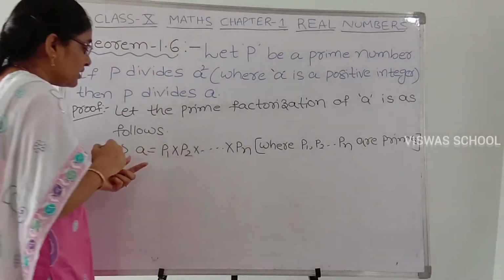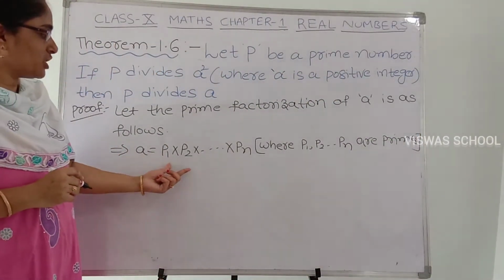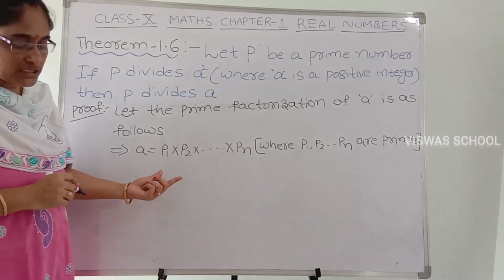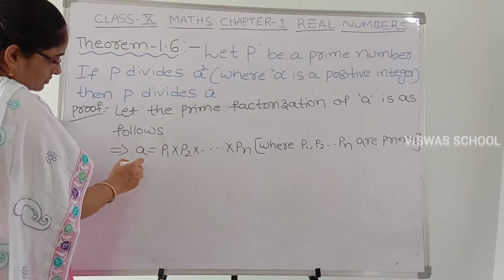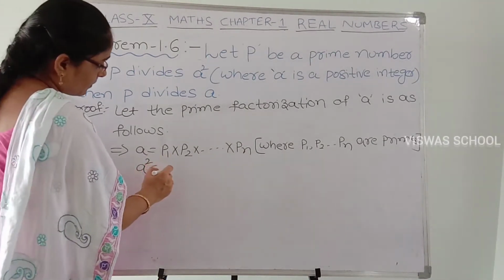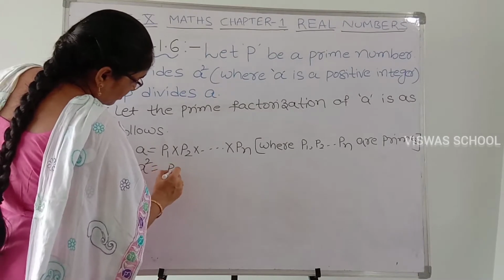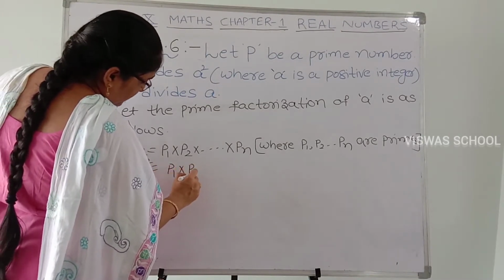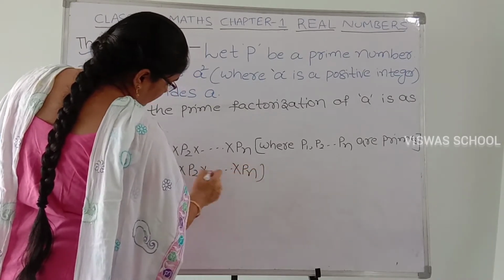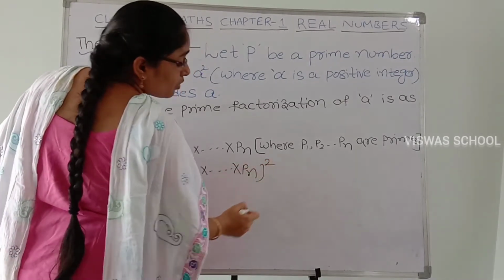If A equals P1 into P2 into so on Pn, then what about A square? A square equals P1 into P2 into so on into Pn whole square.